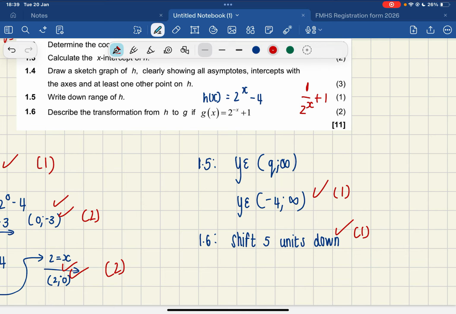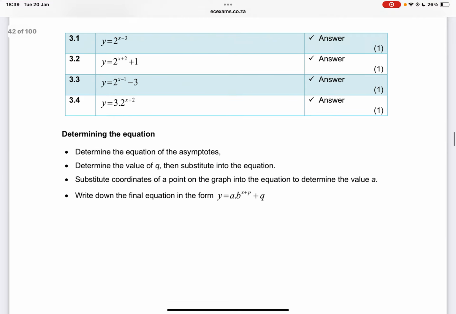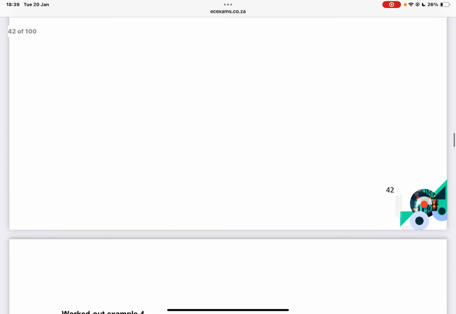Do we say that the graph has been inverted, it's been shifted? Let's see what the memo says, boys and girls, on how to describe this.